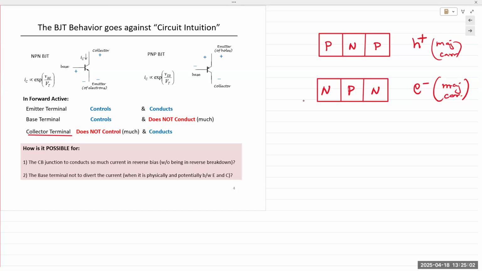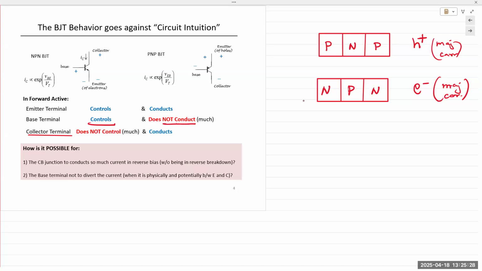Remember what I said, current flows between the collector and emitter, and the base is the terminal that controls the flow. The base terminal controls the flow of current, but it does not conduct a large current. It does not conduct much.